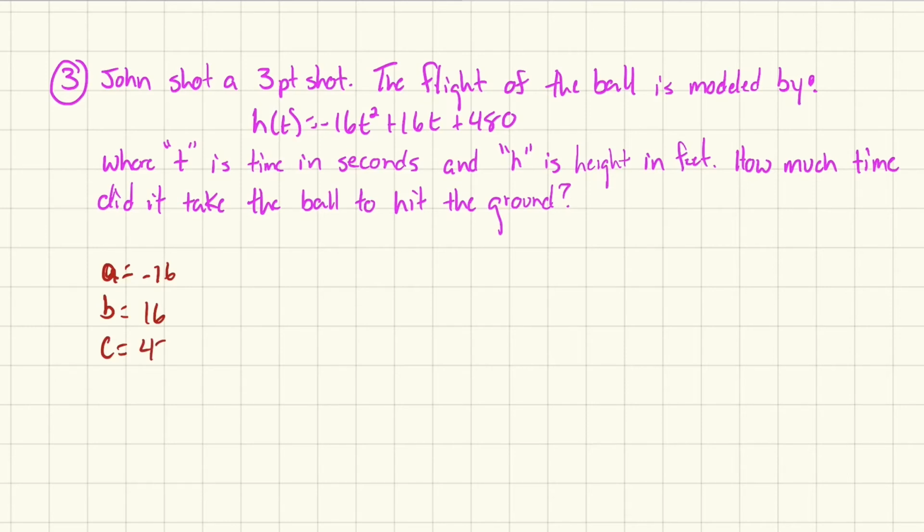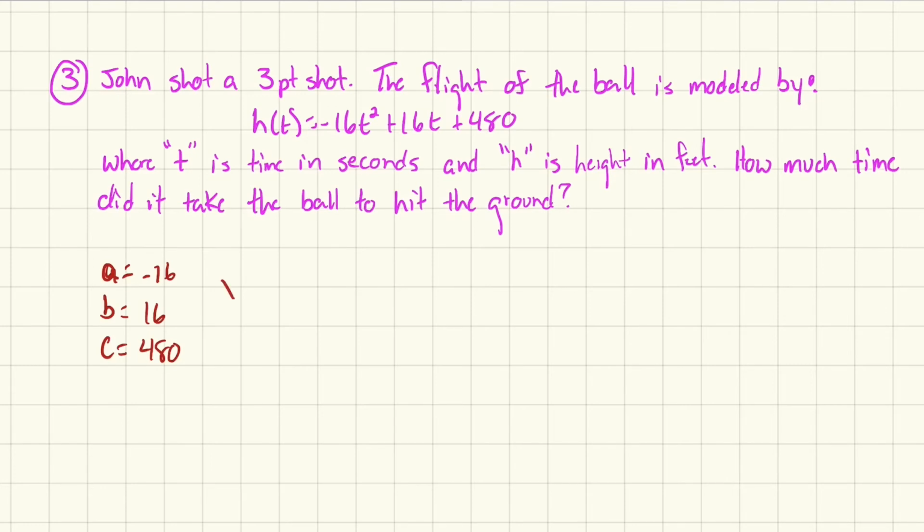Now, I know that those are some bigger numbers than we're used to, and yes, that means we're going to get bigger numbers in our quadratic formula, but it's all going to work out for us. So, whenever we solve this equation, we're going to just start out with the old quadratic formula.